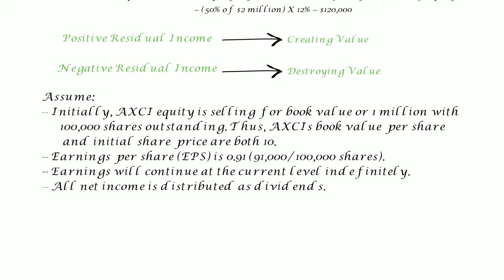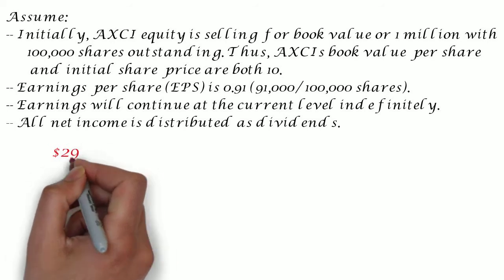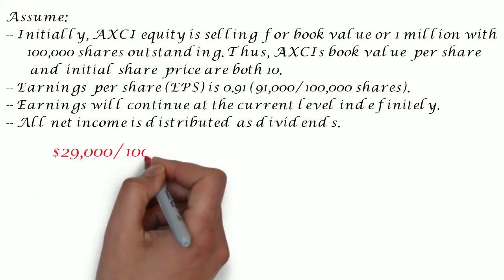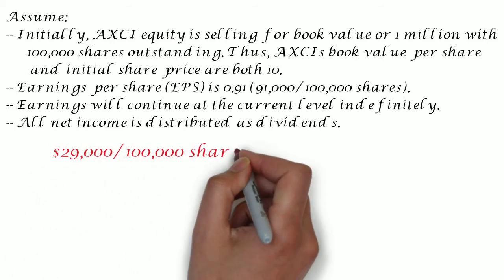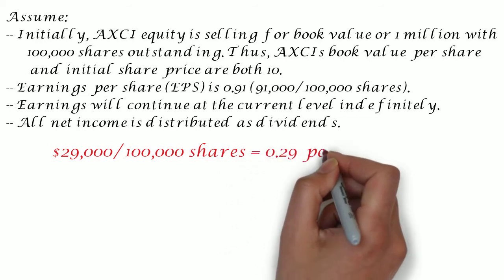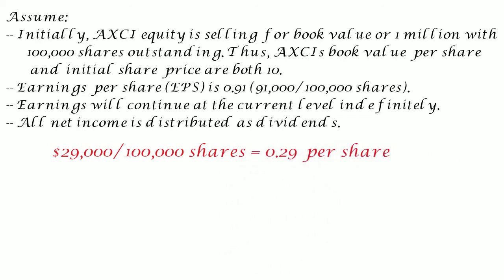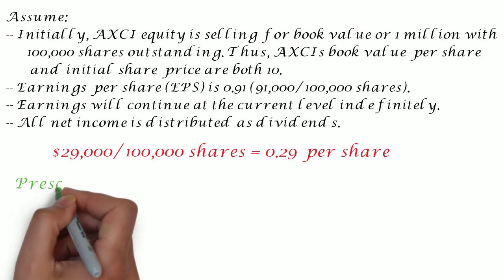Because AXCI is not earning its cost of equity capital, as shown in the previous example, the company's share price should fall. As calculated in the previous example, AXCI is destroying $29,000 worth of value per year, which is equal to 29 cents per share, calculated as $29,000 divided by 100,000 shares outstanding.